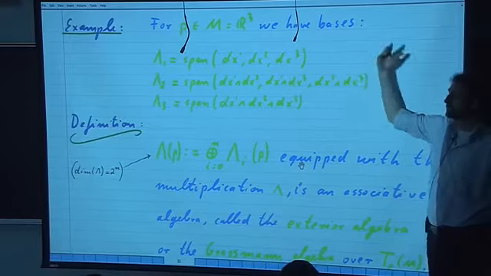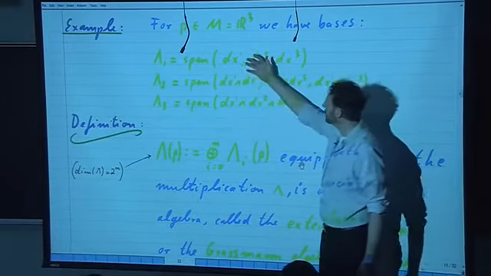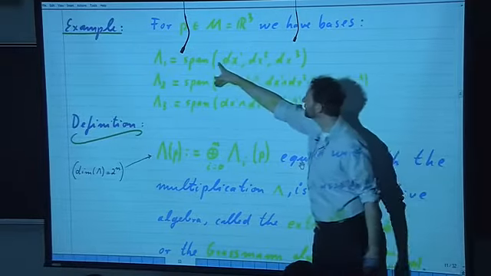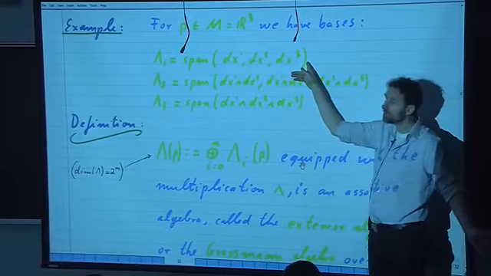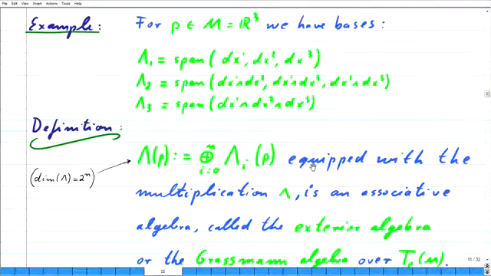If you have an n-dimensional manifold, then at a point you have lambda 0, which is always just R. Then lambda 1 is always the cotangent space, its dimension is n. And then you go up in the dimension, and then somewhere in the middle it goes down and down again.